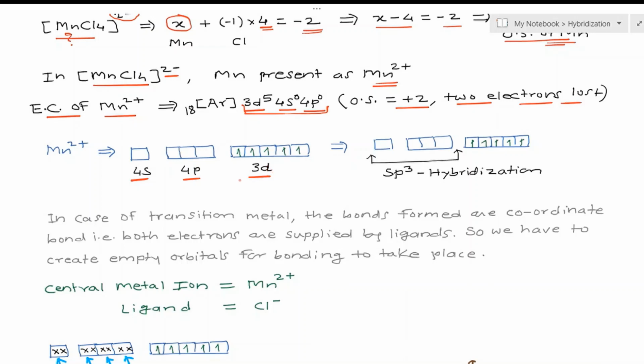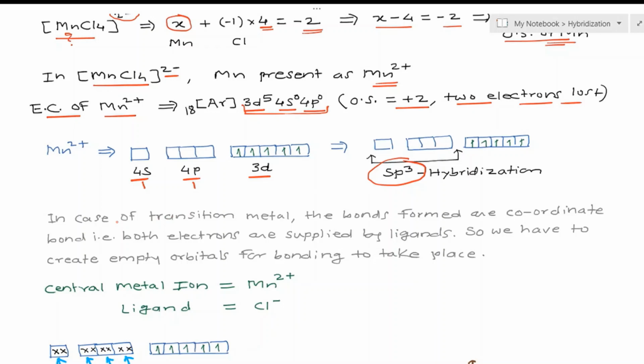During hybridization the atomic orbitals are mixed. Here one s orbital and three p orbitals mix together, and sp3 hybrid orbitals are formed.